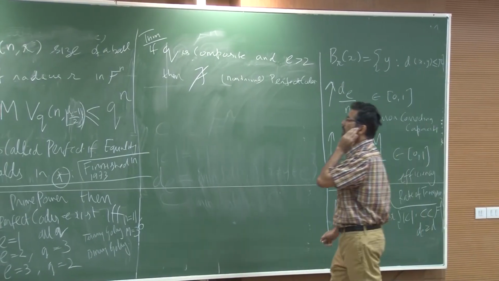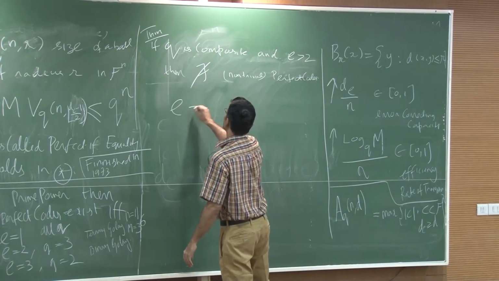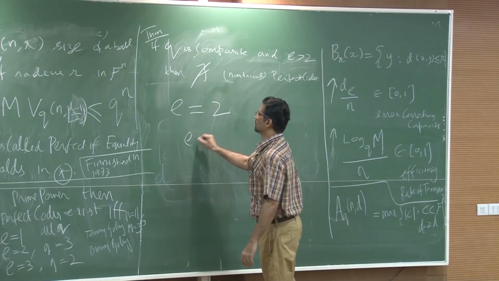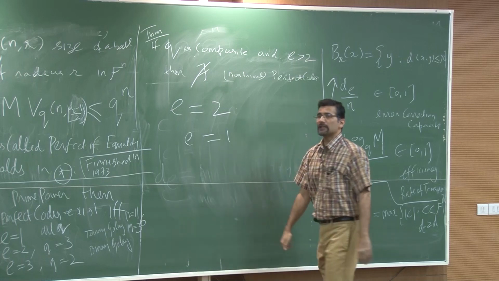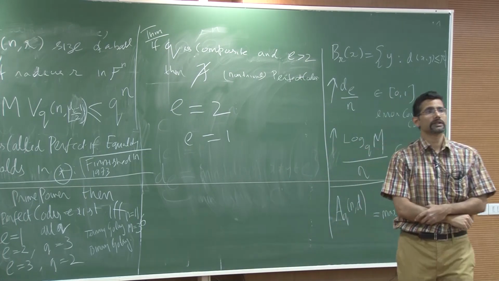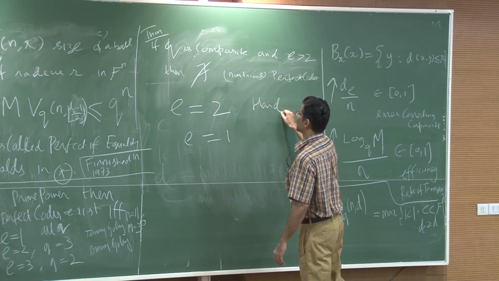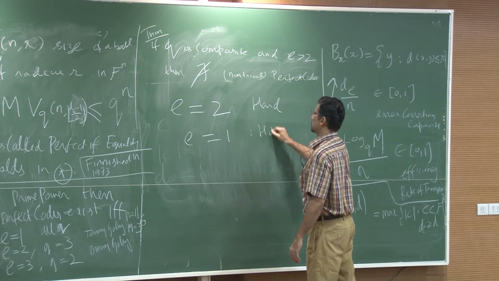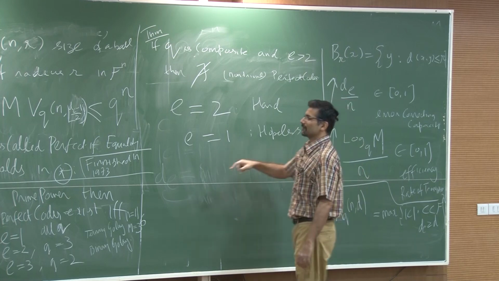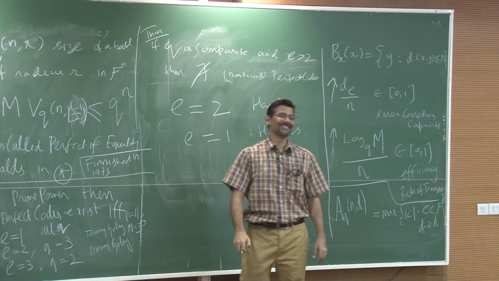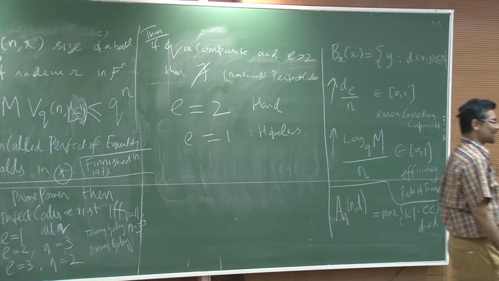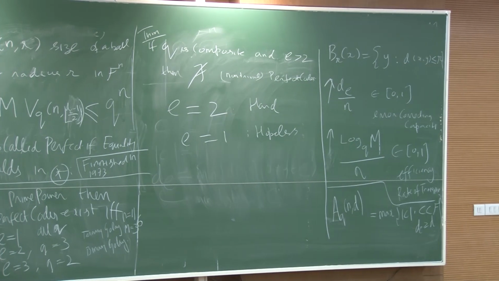So what is a problem which is left? Classification of double error correcting codes, and it is hard. This has been called hopeless by one of the Finnish mathematicians who did that work. Van Lint is one of those mathematicians.